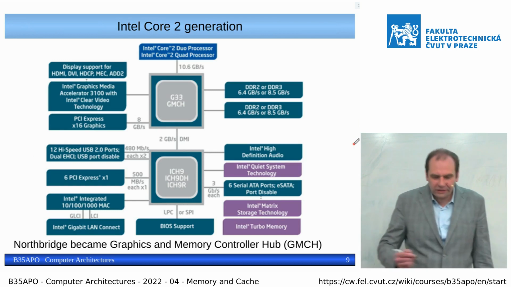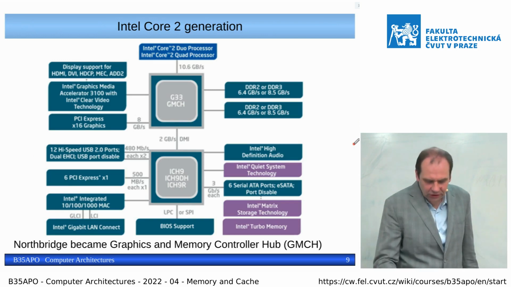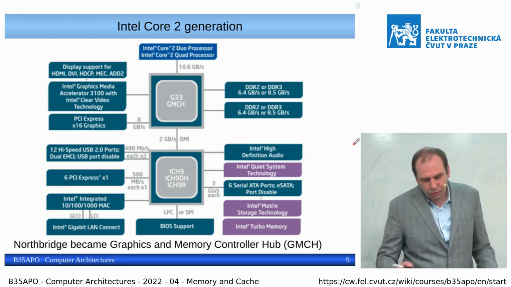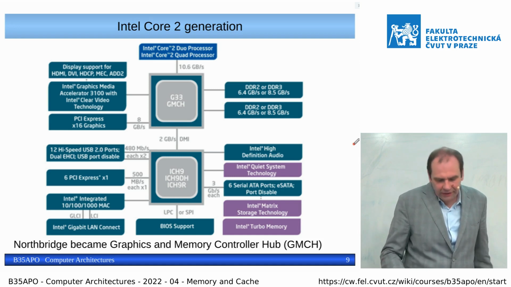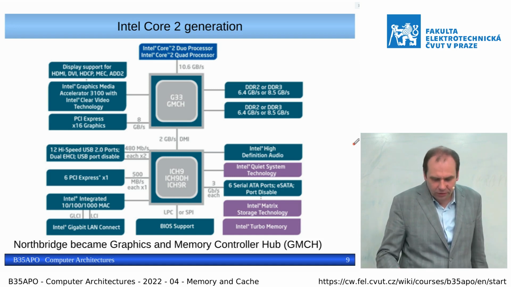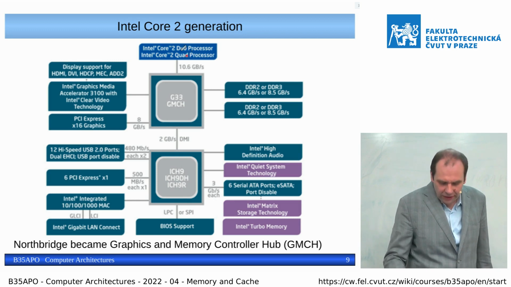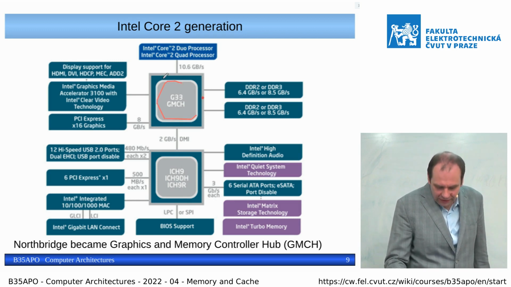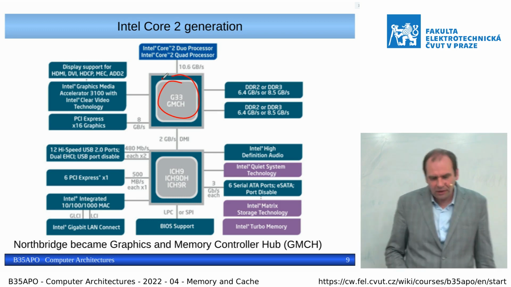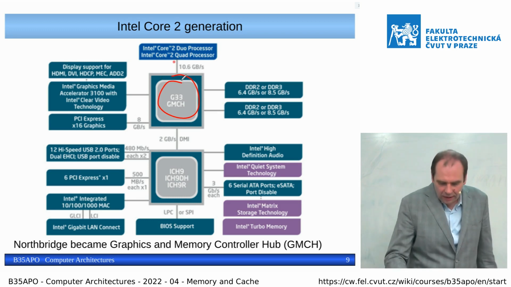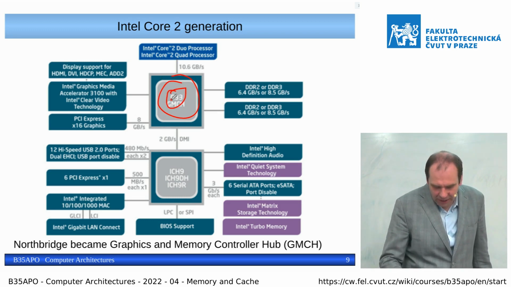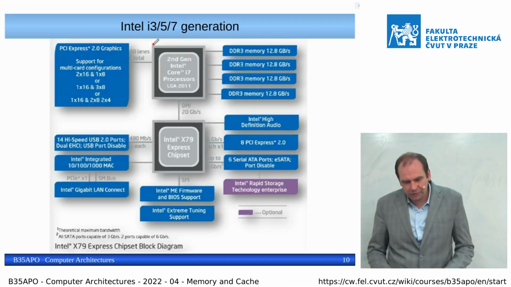Okay, so there is the next generation, Intel Core 2, which is in fact the predecessor of Core i7 and today's processors. Still, it has a separate graphic memory controller hub, so integrated graphics is part of the chipset, and the processor is outside of this chipset.